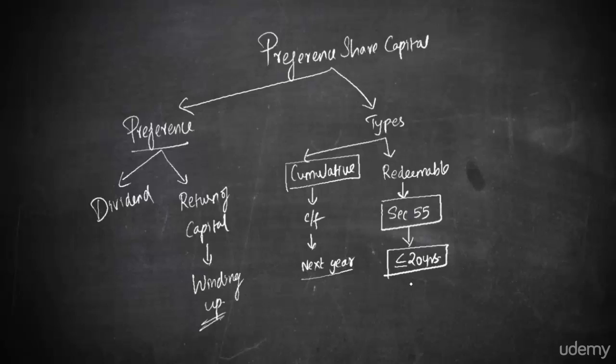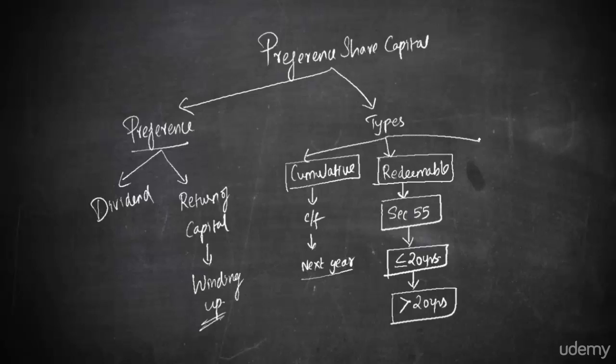So companies cannot issue preference shares which are redeemable beyond 20 years, but the only exception is infrastructure companies. In the case of infrastructure companies, you can issue preference shares for a period exceeding 20 years, because infrastructure projects take a longer period, that is, there will be a longer gestation period, and hence this time limit is provided.